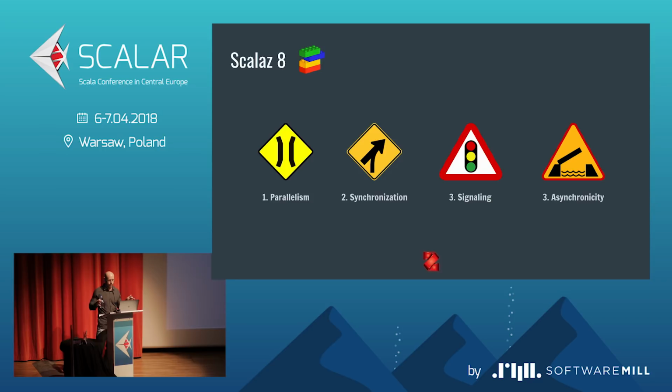So these are orthogonal, composable building blocks that you can snap together to solve problems. And in many cases, the solutions are way simpler than the Akka equivalents, and they're type safe, and they're also a whole lot faster.